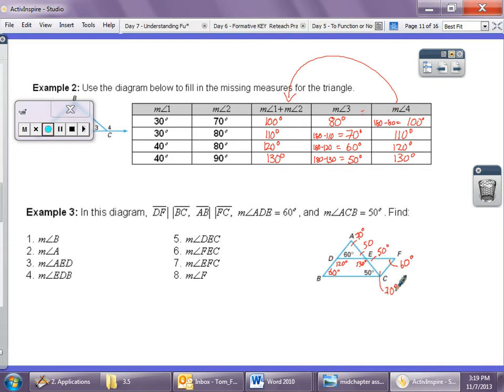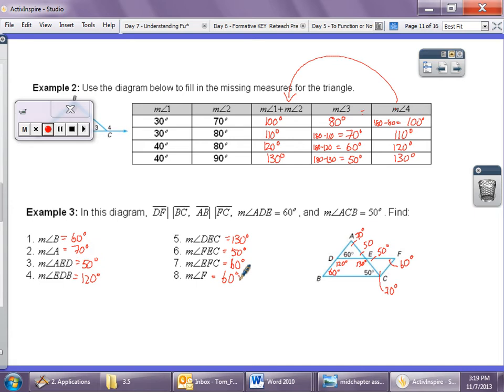Now, when we look at finding all these, well, angle B is 60 degrees, angle A is 70 degrees, AED is 50 degrees, EDB is 120 degrees, DEC 130 degrees, FEC is 50, this is 60 degrees, and the measure of angle F is also 60 degrees.